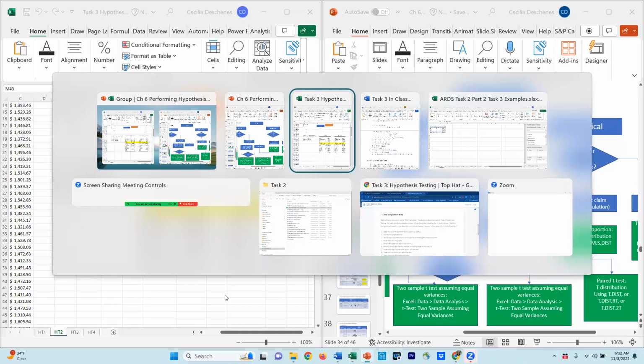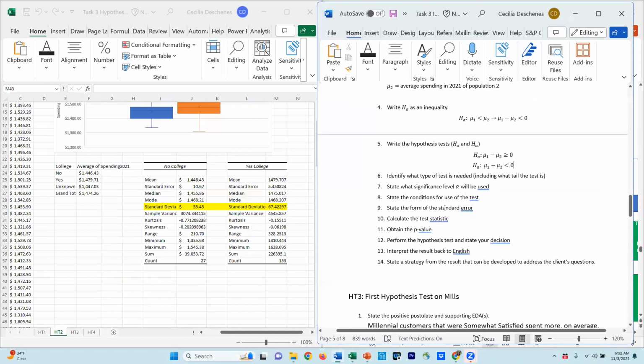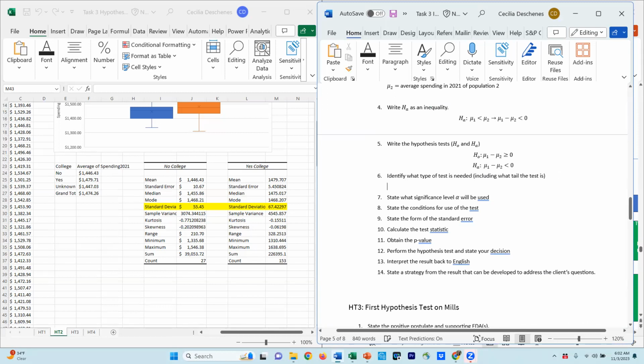So we're going to go back to our document here and state what kind of test this is. All right, so we will say, first of all, based on the direction of the inequality, it's a left-tailed two sample test, assuming unequal standard deviations, but Excel considers the square of that, right?